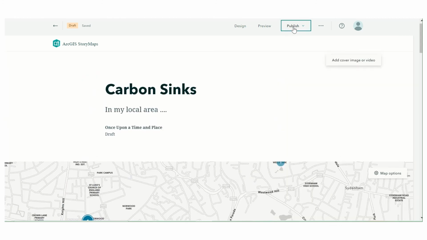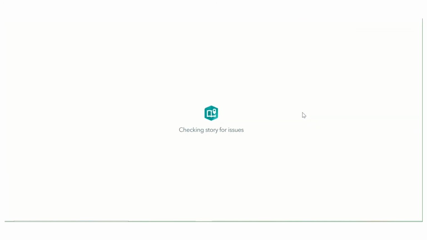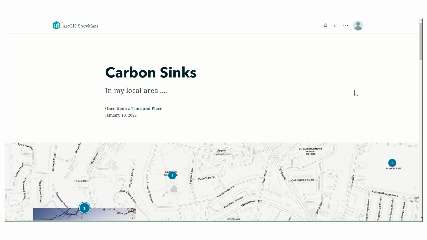So the next step is to publish. I'm going to publish it and make it available to everybody. You've got to make sure that all of your information is correct before you make your story available for everybody, because everybody who has access to story maps will be able to view your map.